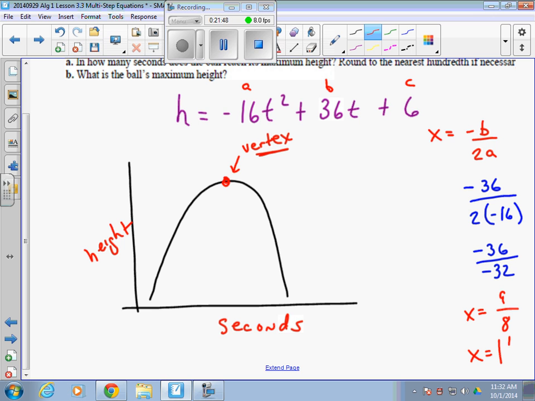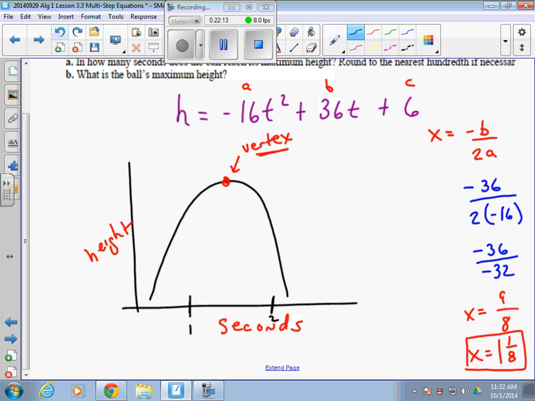So what this is saying is its x value, if this is 1 second and this is 2 seconds, 1 and 1/8, and let me move those real quick to where they match a little bit better. If this is 1 second and 2 seconds, now it'll match a little bit better.